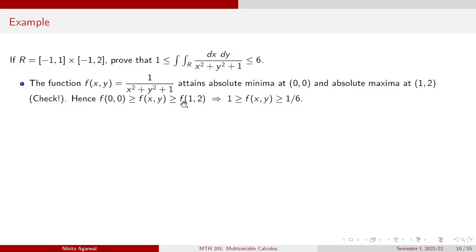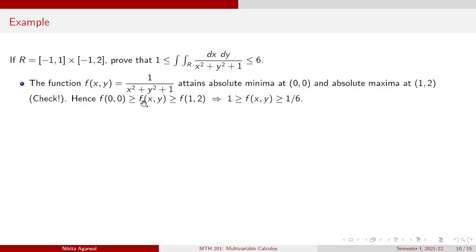Now this function attains absolute minima at (0, 0) and absolute maxima at (1, 2) in the domain. So here I would like you to check that this is actually the case. How do you do that? You find out the critical points, then you look at the boundary and you find absolute maxima and minima. So this I will leave to you.